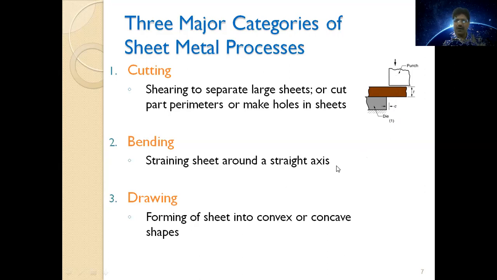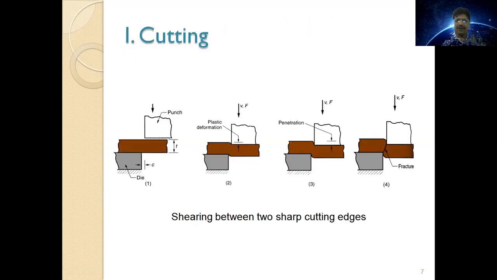Similarly, drawing is also a part; bending is done in the same way, and when this bending is concentrated on a central area, it is known as drawing. We will discuss drawing later on.